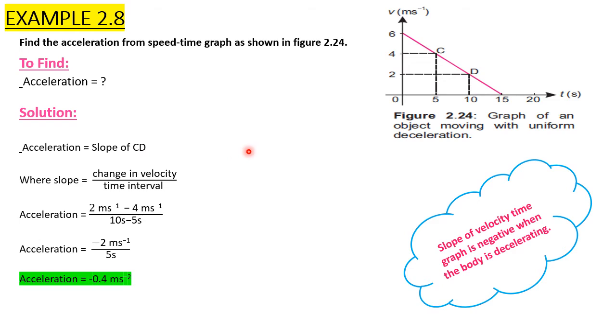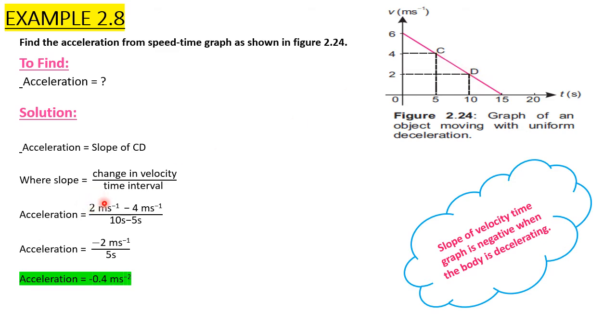Acceleration is equal to the slope of CD, the change in velocity divided by the change in time interval. So if you see the value of velocity at 10 seconds, that is 2 meter per second, and the value of velocity at 5 seconds is 4 meter per second. So this is the final value and this is the initial value.